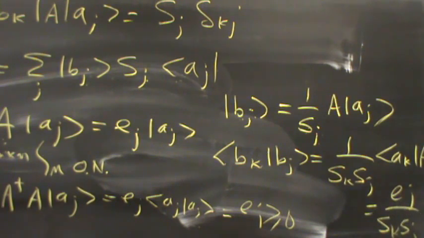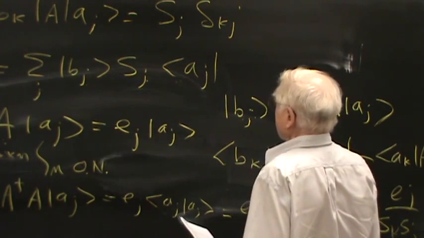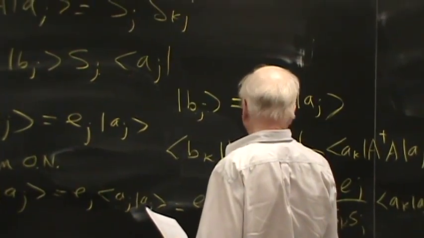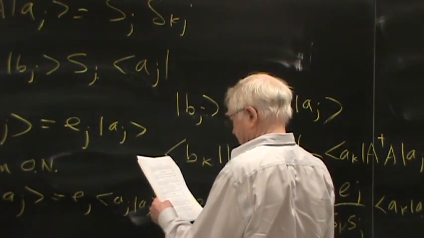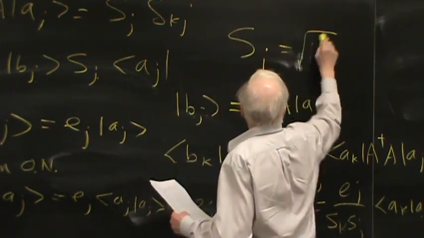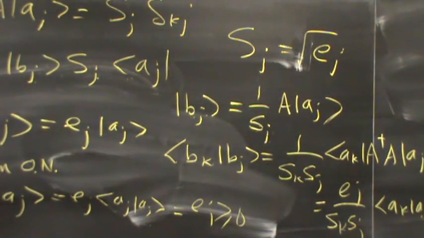So this is Ej delta kj over sk sj, and so this is simply delta kj because, did I define what? Did I say what the? I must have skipped that. Yeah, I forgot to say that sj is the square root of Ej. So when the Ej's vanish, the sj's are 0. That's why this thing cancels.